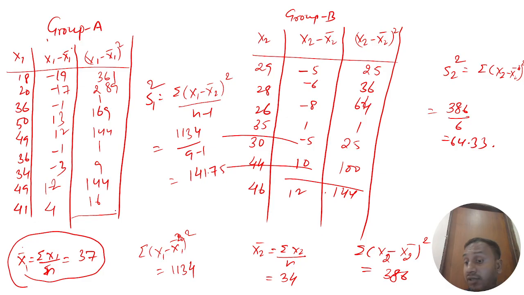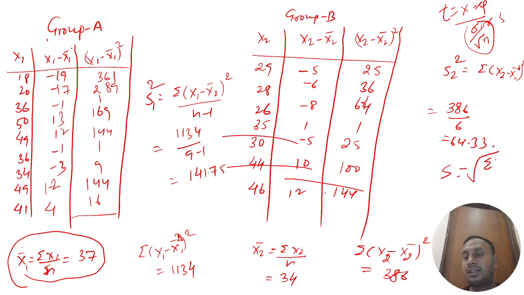Based upon that, we have to calculate s1 square, not s. Don't get confused. In the case of t equal to x1 minus mu upon sigma upon root n, that sigma, or this s, will be the root under the same formula.